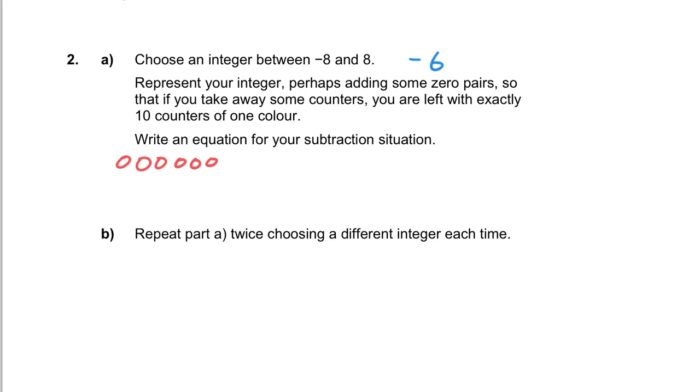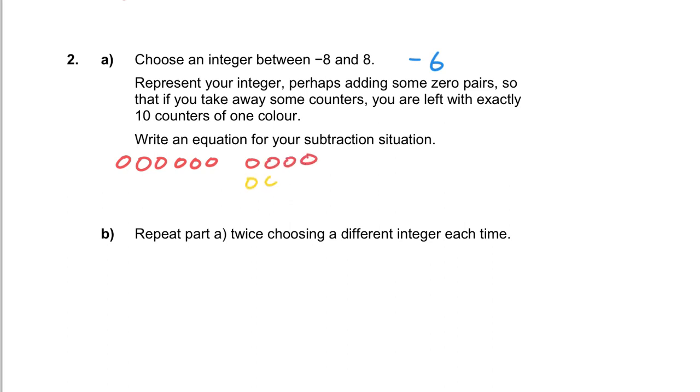And now we want to add some 0 pairs so that when we take away, we're left with 10 counters of one color. Okay, so we've got 6 counters so far. 1, 2, 3, 4. 4 more make 10.